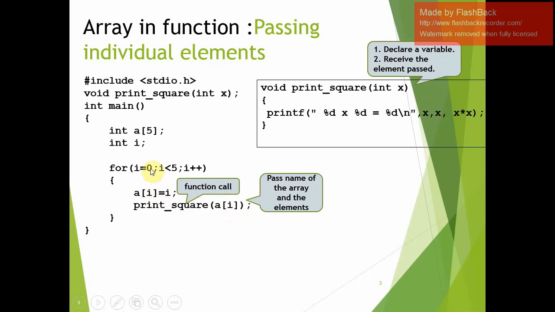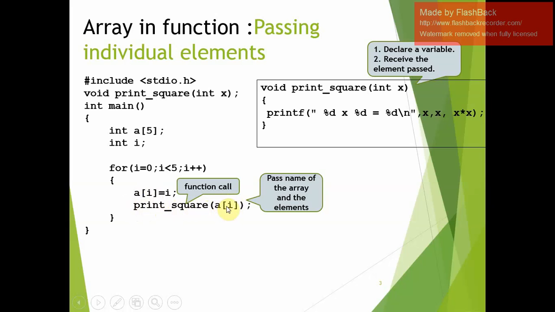So if the first loop gives 0 to I, 0 is less than 5 is true. Now true, it goes inside the loop, the 0 will be assigned to the first element, a[0]. Then it will call a function named print square with the value of the first element, that is a[0], which is 0.